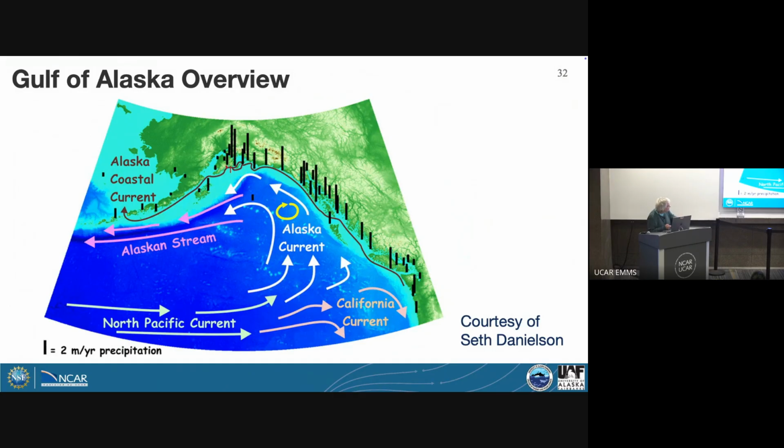So it's not going to see the Alaskan stream at all, but the domain will see this brown current, which is the Alaska coastal current. And this is driven by freshwater runoff from, there's some precipitation gauges, and the scale here is 2 meters per year of precipitation. Some of these go up to around 8 meters a year on average.